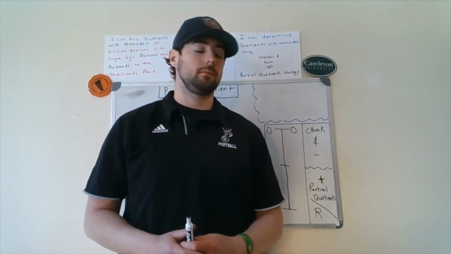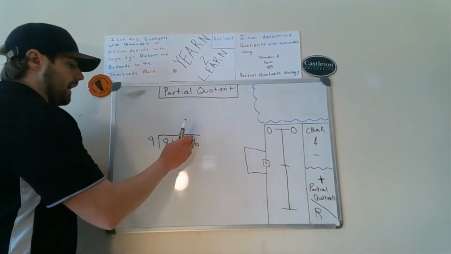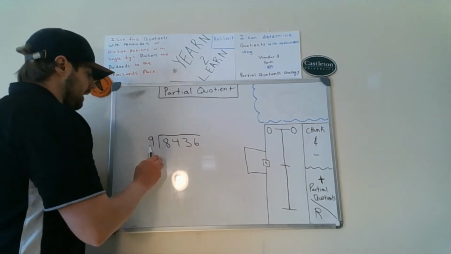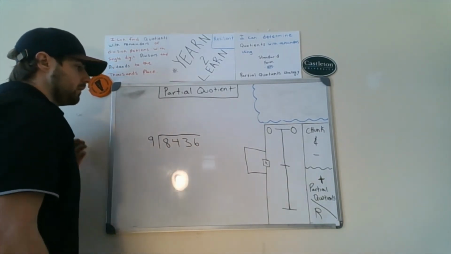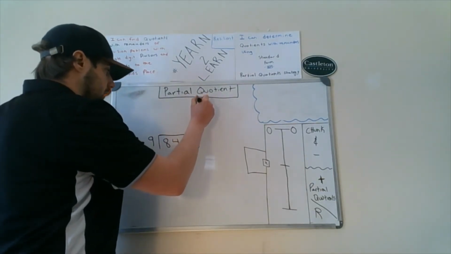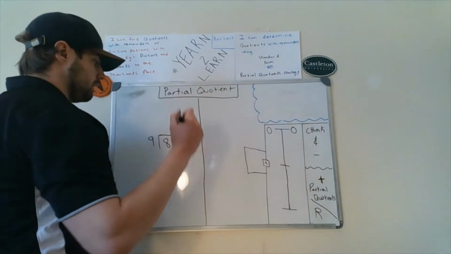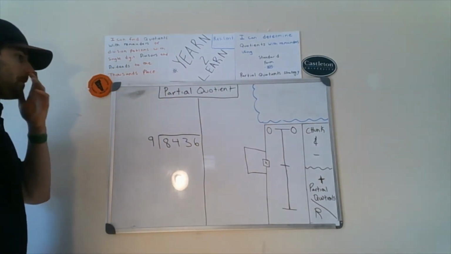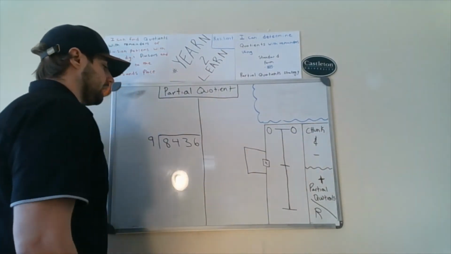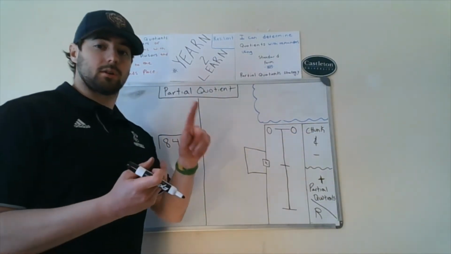All right, so I have 8,436 divided by 9 as my problem. I know I'm using partial quotient strategy. I need to draw my nifty line, help it separate. So I need to chunk and subtract. I need to think big. I need to work with numbers I know.